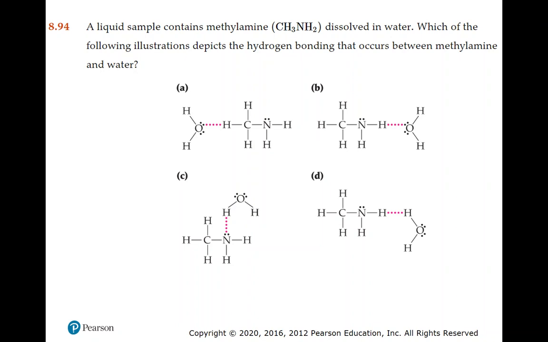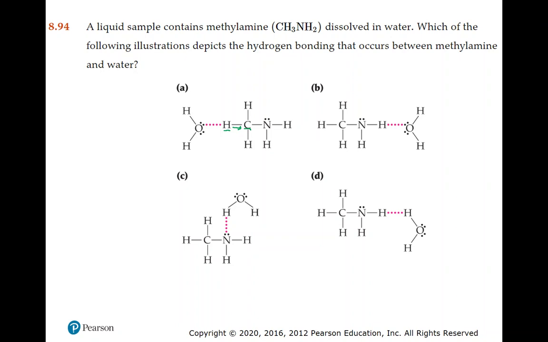So for A here, we have the lone pair on an oxygen, and it is shown interacting with the hydrogen on a methylamine molecule, so this might look promising so far. However, this hydrogen is directly attached to a carbon as opposed to a nitrogen.